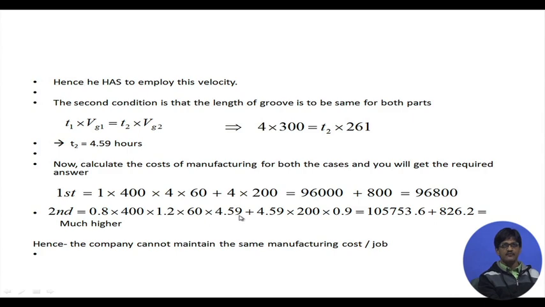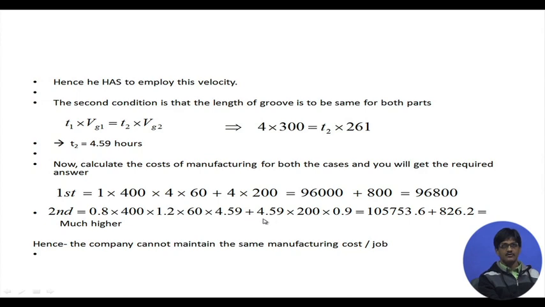The time is 4.59 hours, and the cost of the consumption of abrasive is 0.8 multiplied by the cost of abrasive per kg multiplied by the increase in cost of 20%. So, 1.2 multiplied by 60 to make it per hour, and then multiplied by the total number of hours.